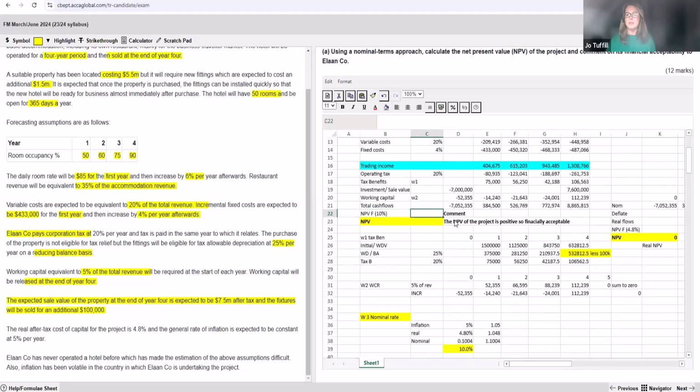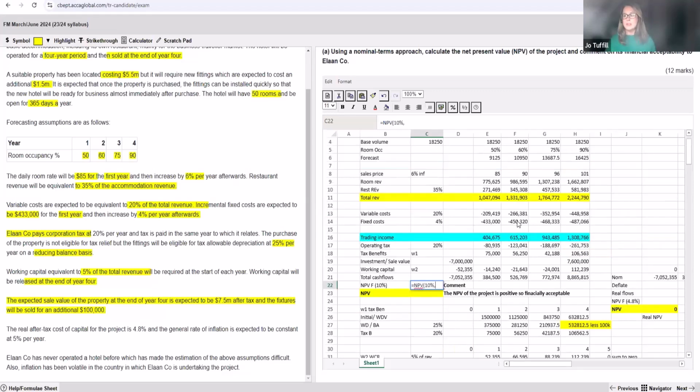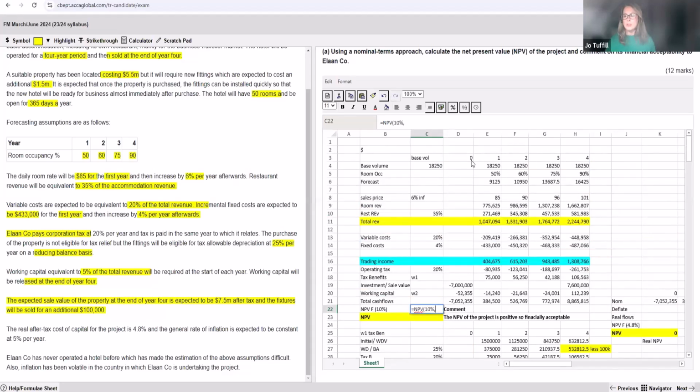And now, how do we use the net present value function? Well, the net present value function finds the present value. So type it in, net present value. Finds the present value at 10%. Now, you can literally write in 10% and the cash flows from year 1 onwards, not year 0.